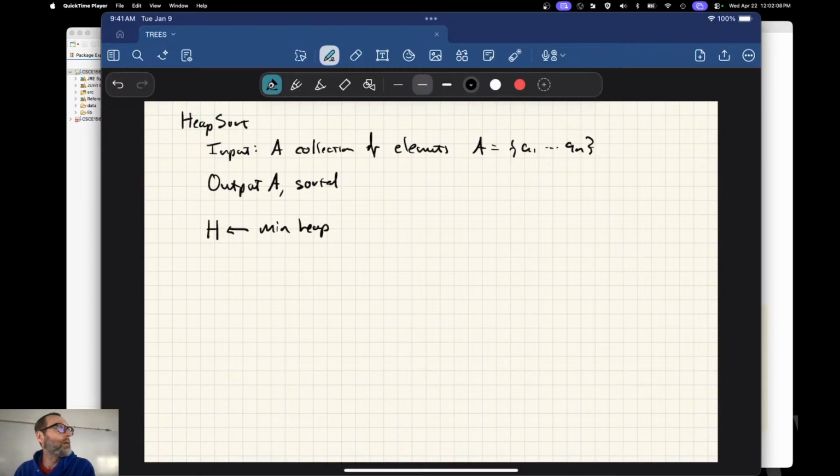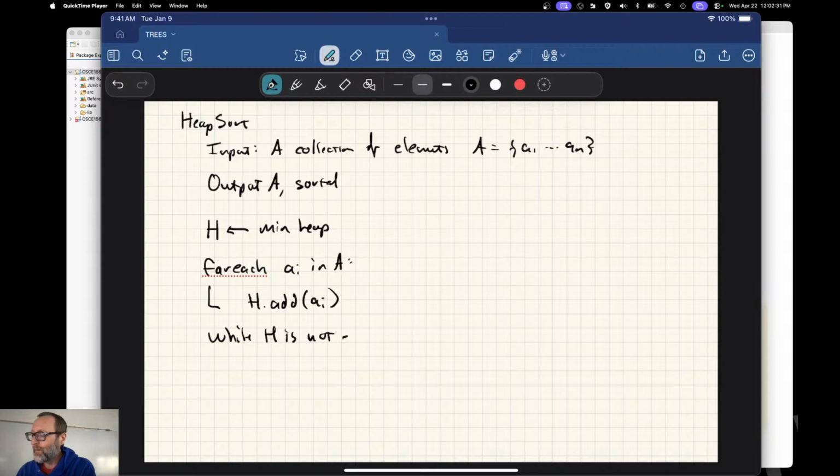Okay? And then what I'm going to do is go ahead and put everything in. For each A sub i in A, H dot add A sub i. There. Then, while H is not empty, A sub i, output H dot, what would it be?